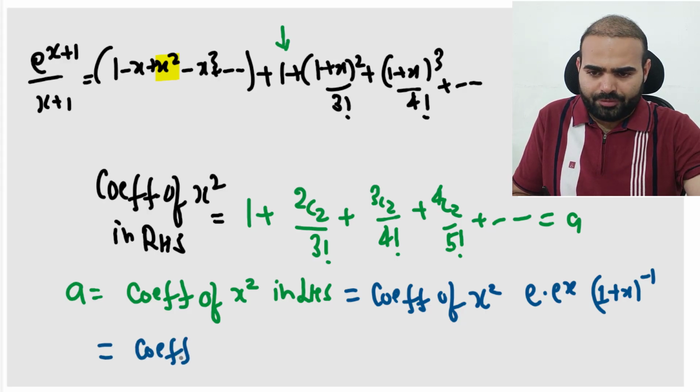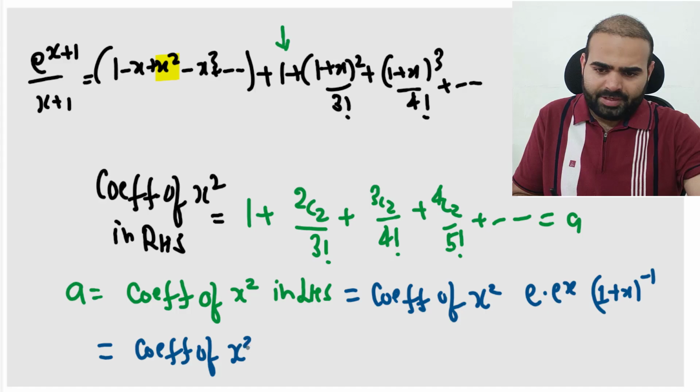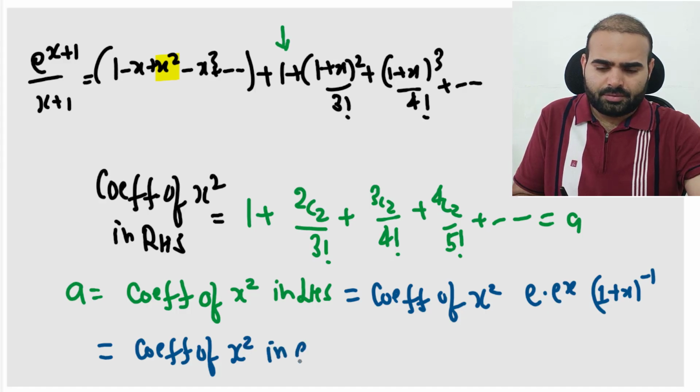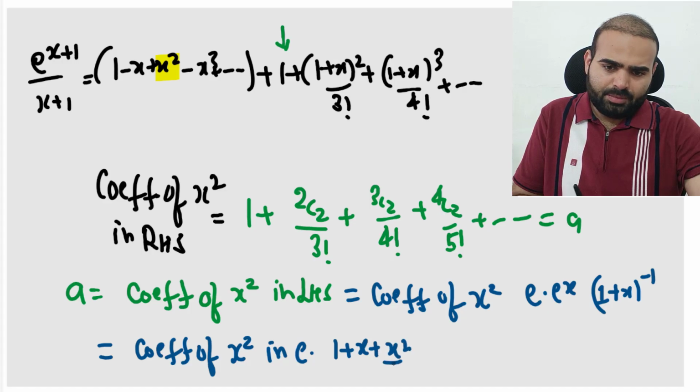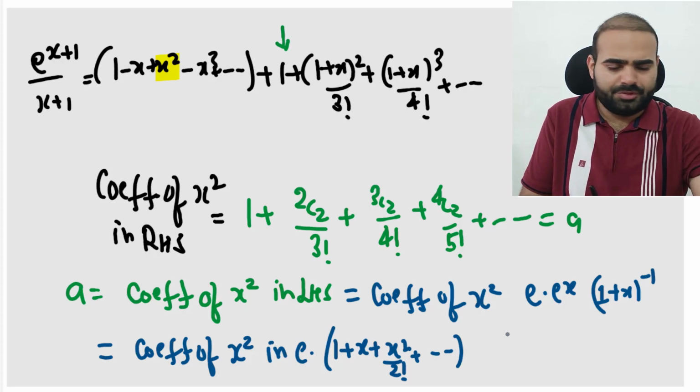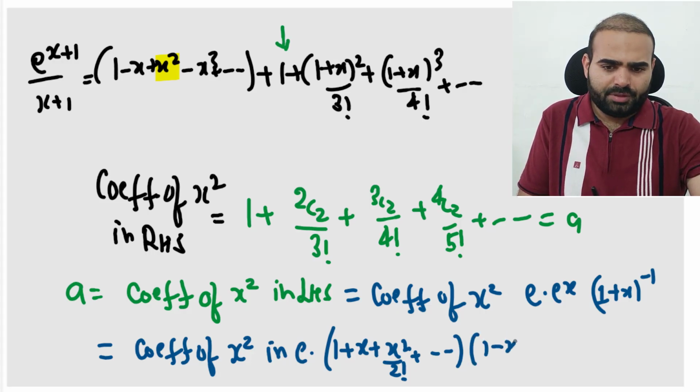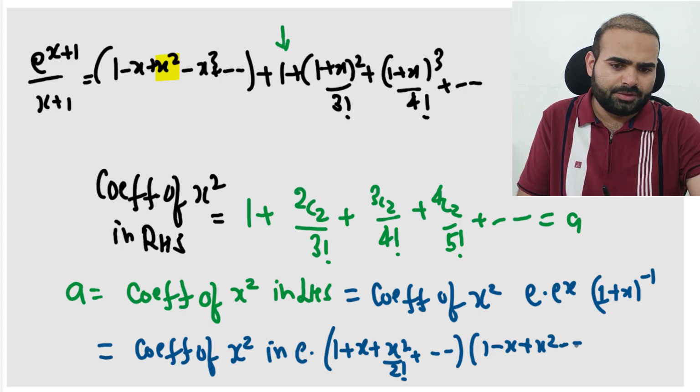So we are looking for the coefficient of x square in this expansion. E power x, we know 1 plus x plus x square upon 2, but that's enough. No need to write further down. And this is 1 minus x plus x square. No need to write any other term. We can leave it.